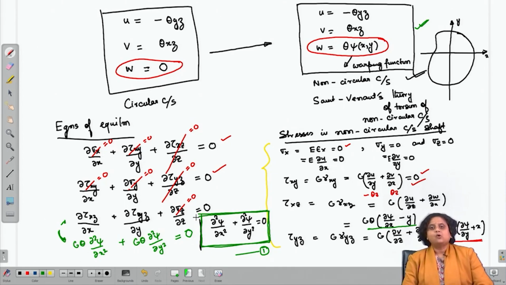Therefore, I get one criterion on the warping function. So, this is my criterion 1 for the warping function.